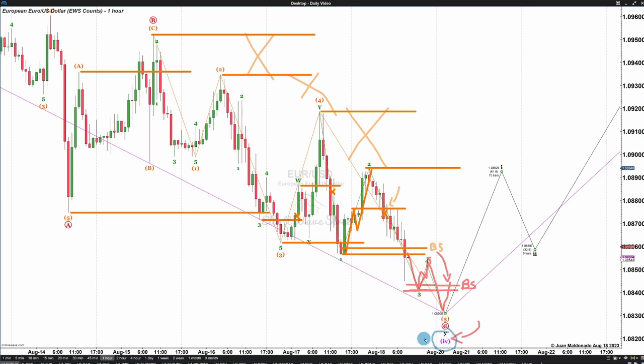Nobody in this world can tell where this leg is going to be over. That's impossible. But even not knowing where the wave is going to be over, we can trade if we use the extremes of the market.